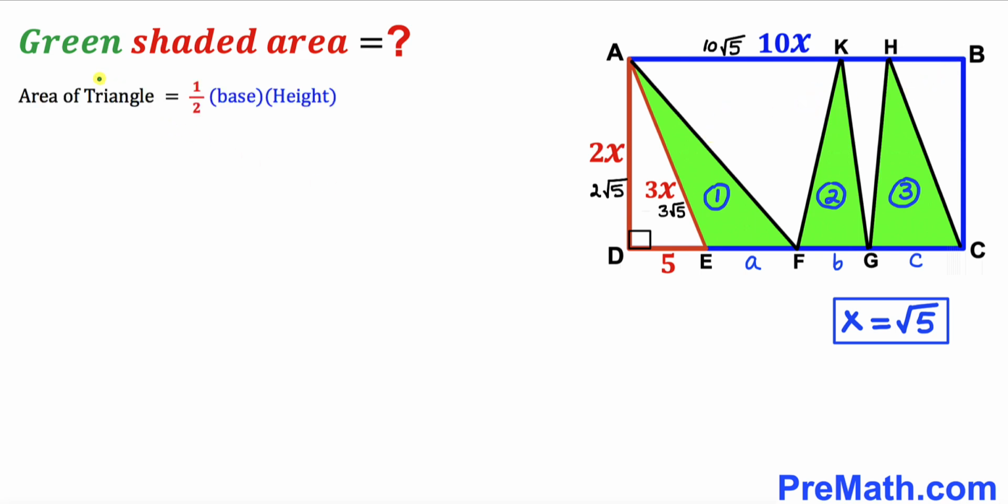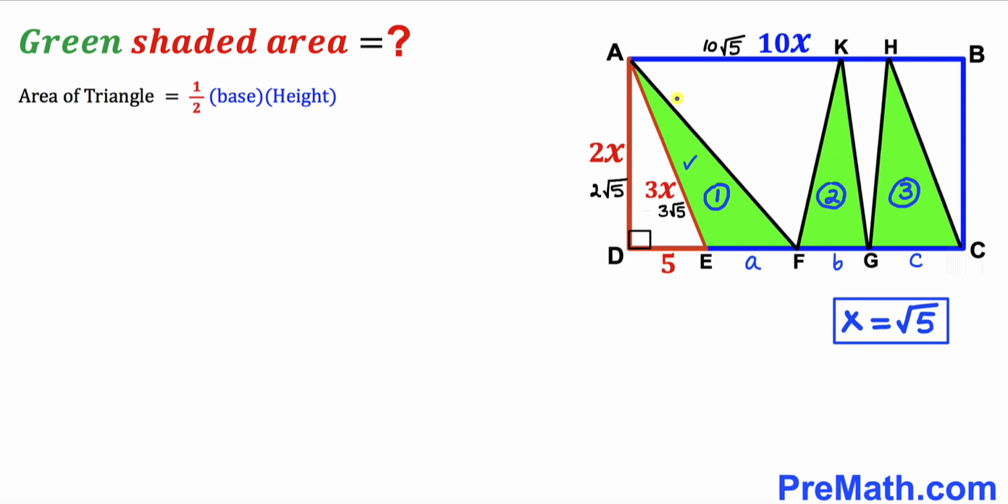Let's recall the area of a triangle formula. Area equals a half times base times height. Now let's make an observation. We can see the height of all these three triangles is this AD, which is 2 times square root of 5. Now we are going to calculate the area of triangle 1.